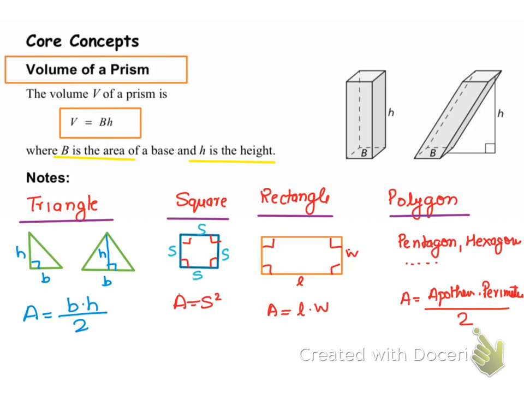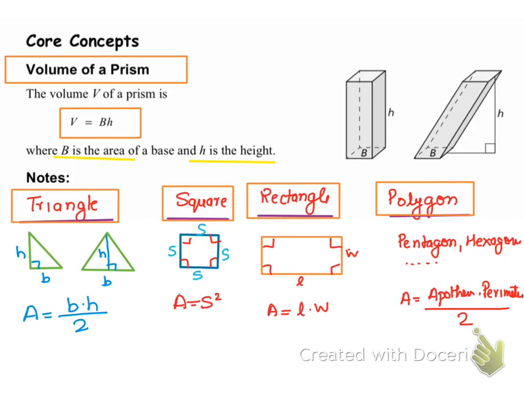It could be a triangular prism, a square prism, a rectangular prism, or any other shape like a pentagonal or hexagonal prism. Depending on what shape the base is, and the top and bottom are the bases, whatever these identical shapes are, you name it accordingly. So you need to know how to find the base area here.